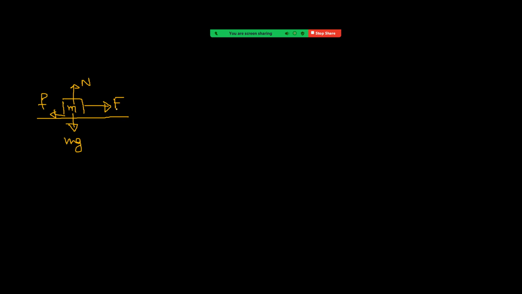So when the block is moving, we can calculate the work done by the applied force, by frictional force, by normal reaction, and by gravity. Calculating the work done by each force and taking the algebraic sum gives us the net work done.